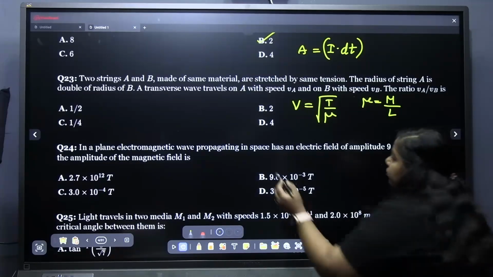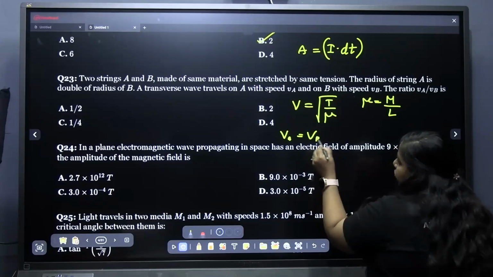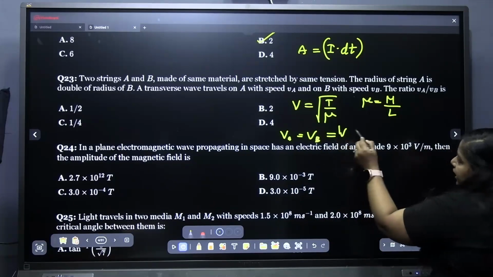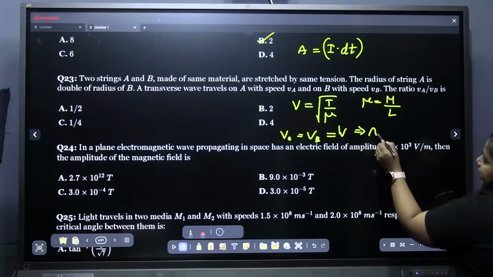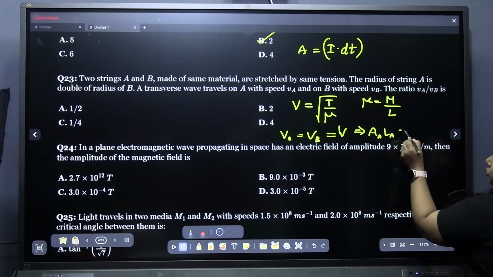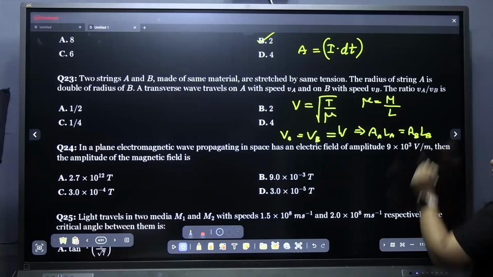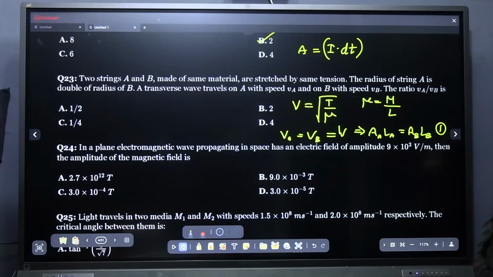So if volume of A equal to volume of B, let's say that is equal to some value V, that should be area of A into length of A should be equal to area of B into length of B. Let this equation be here.